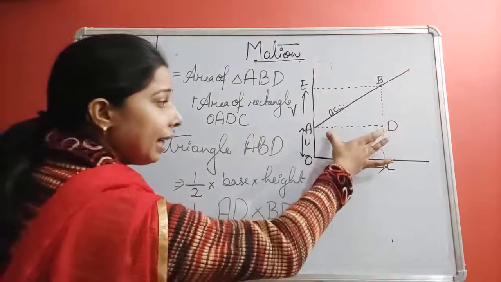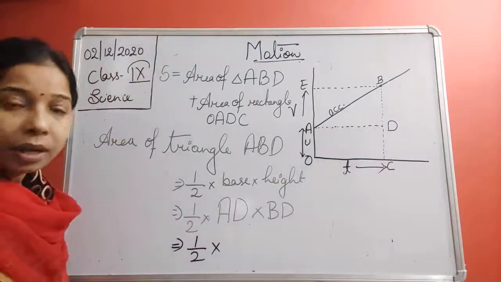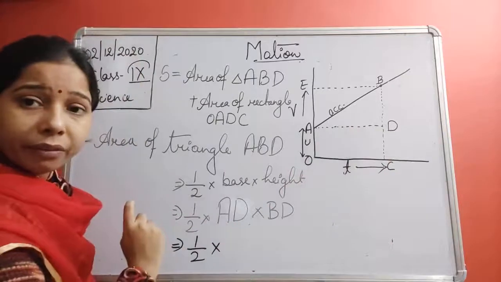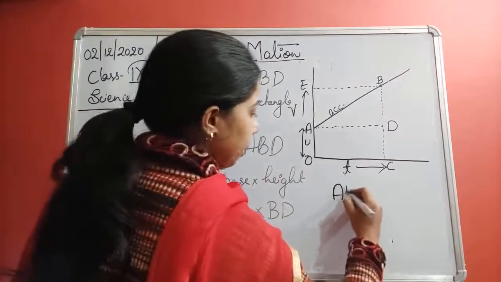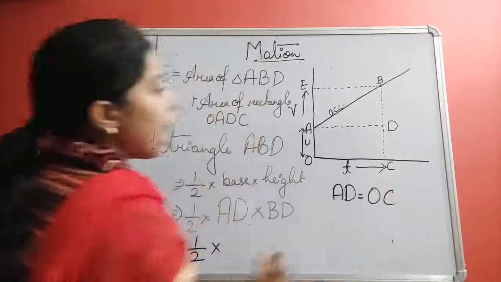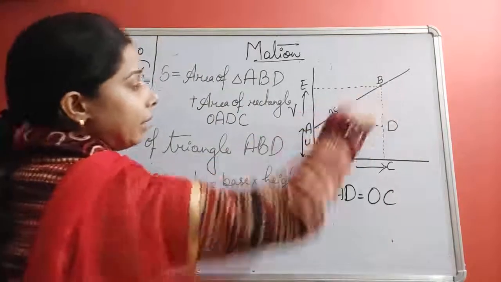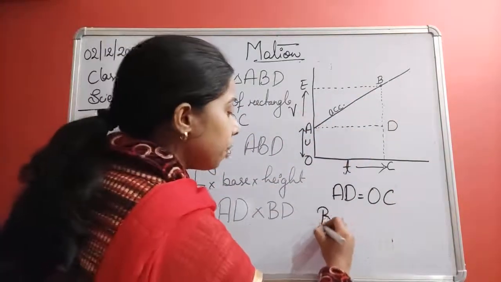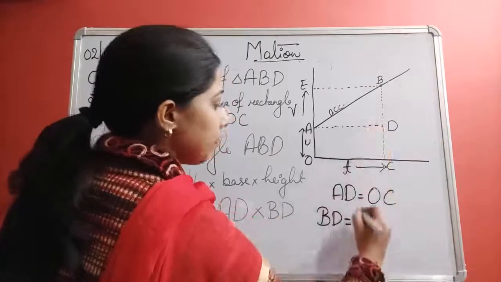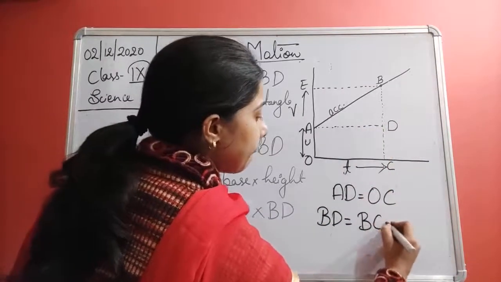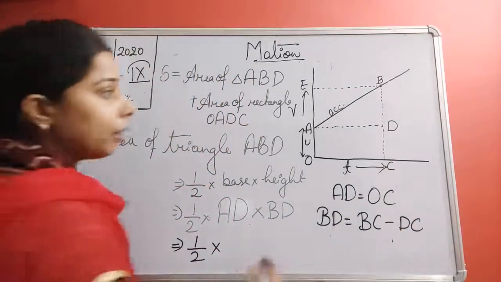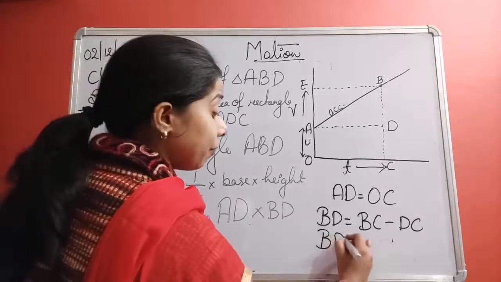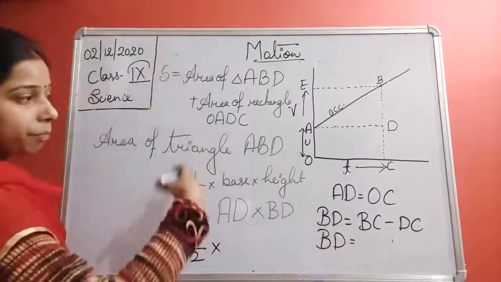Now this AD is equal to OC, because these two are parallel to each other. And for BD, we found the value, which was BC minus DC, in the previous derivation.